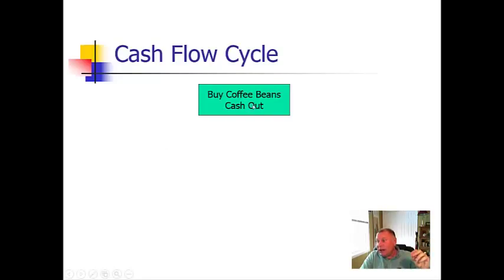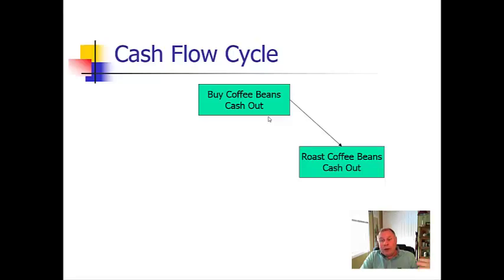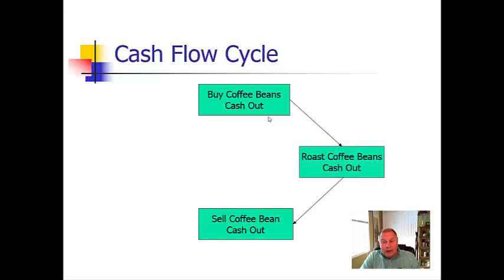If you look, when you buy the beans, that matches the business flow process, and cash goes out. Then more cash goes out when you roast the beans. Then you're going to sell the coffee beans, and you still have cash going out. You don't have cash coming in.